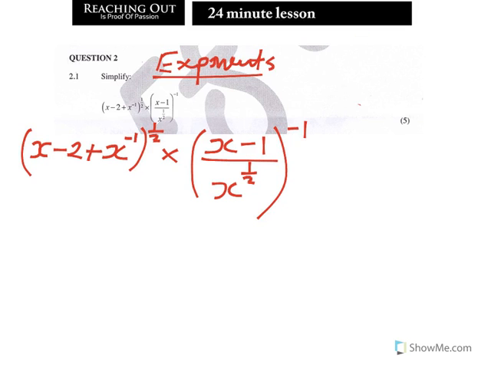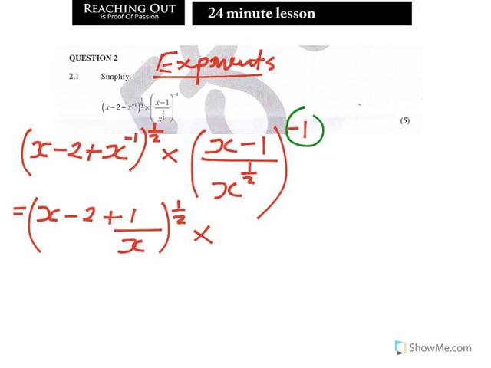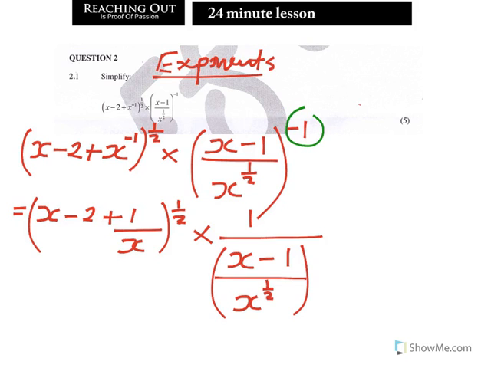let's simplify this. You are going to get x minus 2 plus 1 over x to the power half times, there's a negative 1 in this case, you do the same, times 1 over x minus 1 over x to the power half. See how it goes.